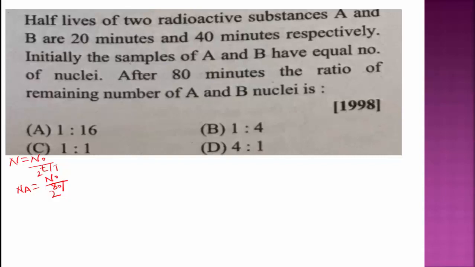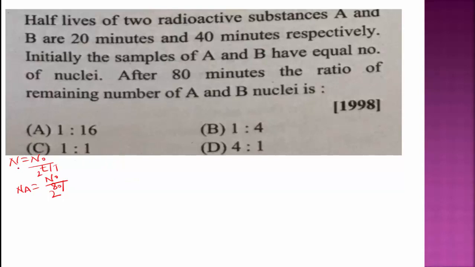The next question is: the half-lives of two radioactive substances A and B are 20 minutes and 40 minutes respectively. Initially, the samples of A and B have an equal number of nuclei. After 80 minutes, what is the ratio of the remaining number of A and B nuclei?